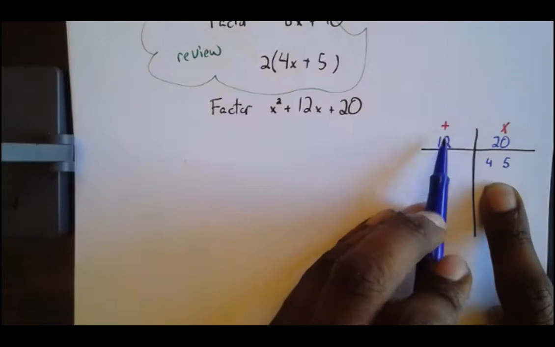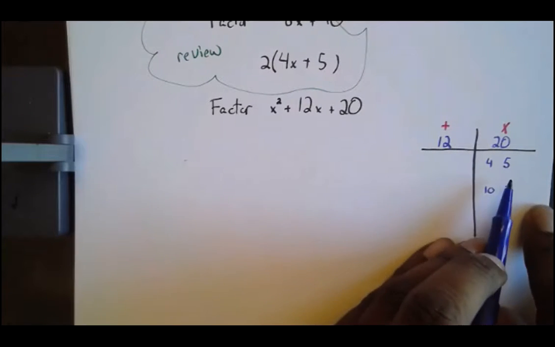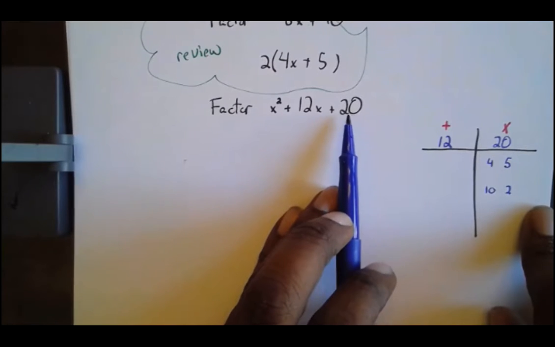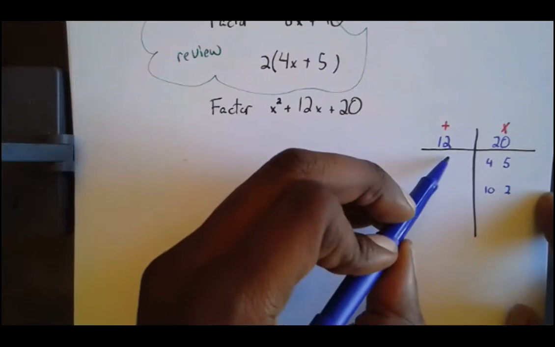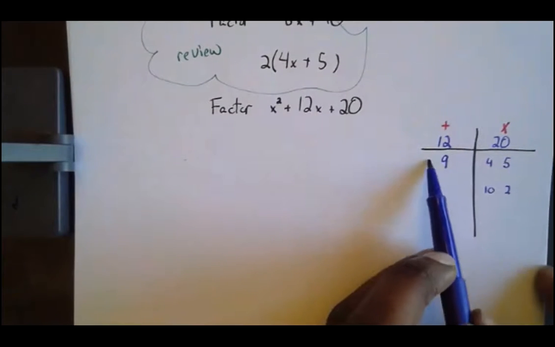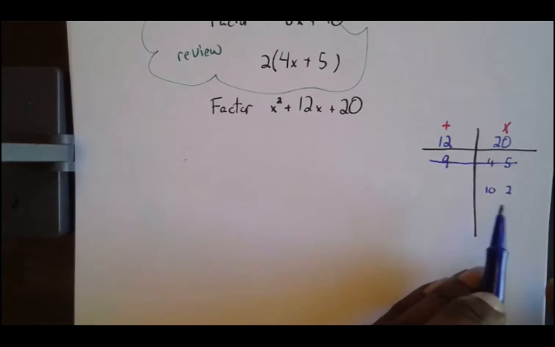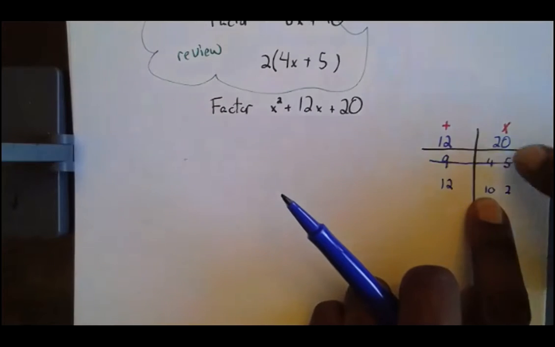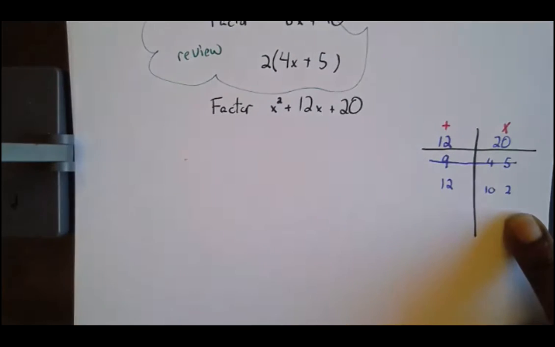Under the plus sign, I need to observe what these numbers add to, because I'm going to want the numbers to multiply to this number, but add to this number. 4 plus 5 is 9, which means I'm not going to be using 4 and 5. 10 plus 2 is 12. And since those two numbers multiply to 20 and add to 12, then I have my answer.